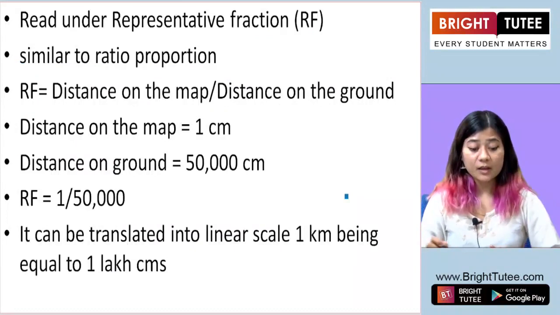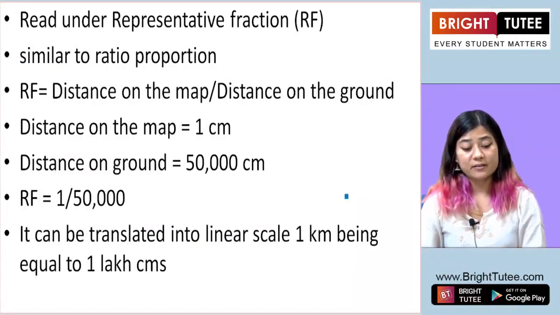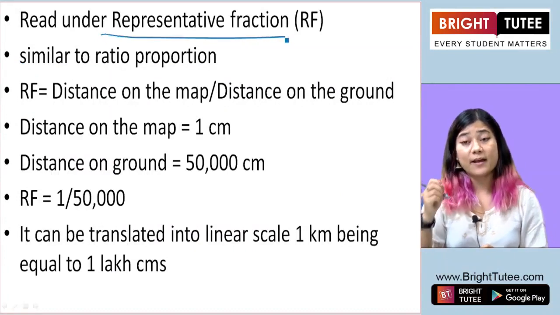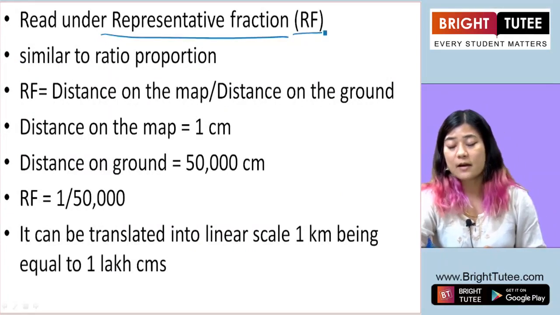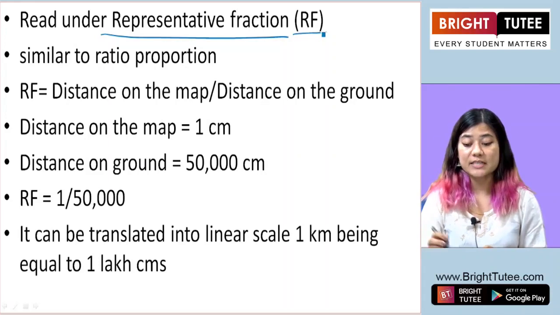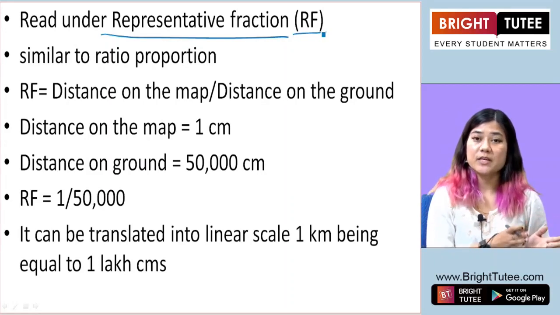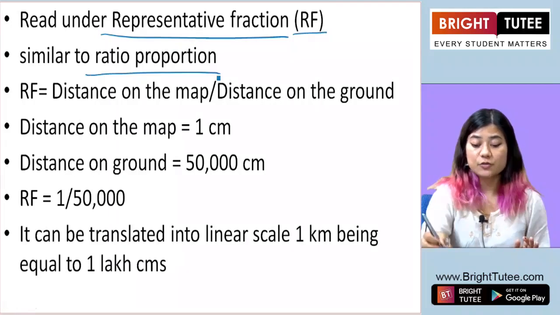Alright. Now this kind of method can be read under something called representative fraction, or RF. Representative fraction. Now this representative fraction is very similar to what we just did, which is ratio proportion.